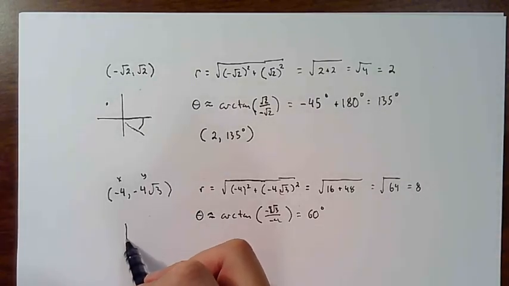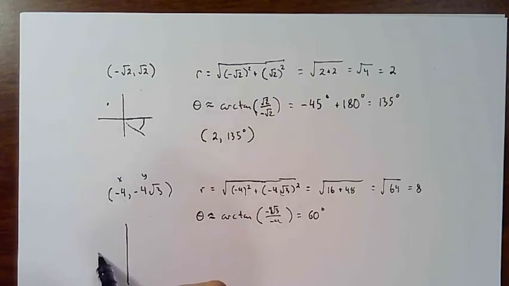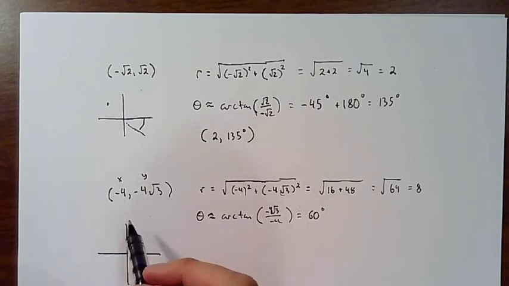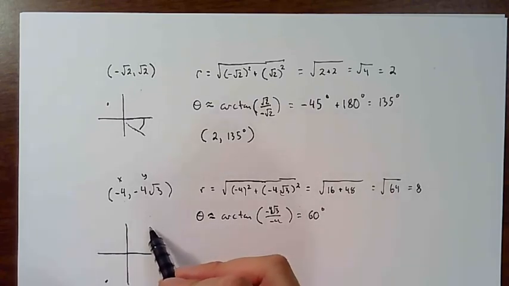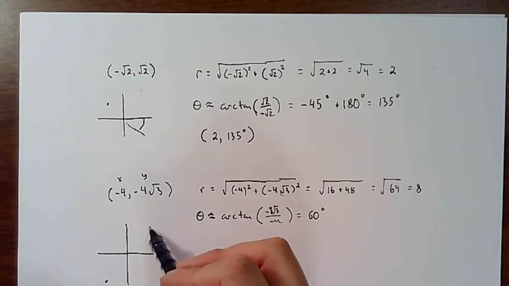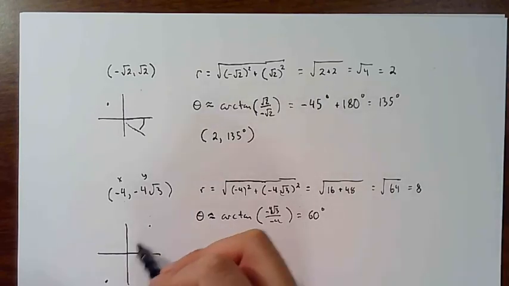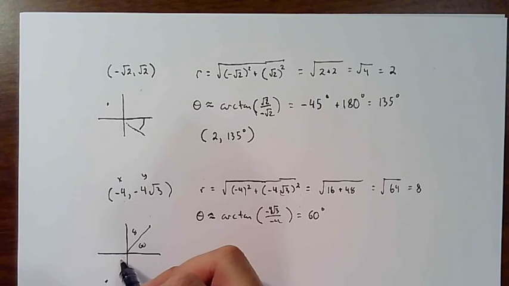We should always diagram it to see if our theta is correct. So our point is negative 4, negative 4 root 3, which is somewhere down here. But this angle puts us over here in quadrant 1. Well, that's definitely not right. We can't be pointing this direction like this with magnitude 8 in that direction. We need to be on the other side.